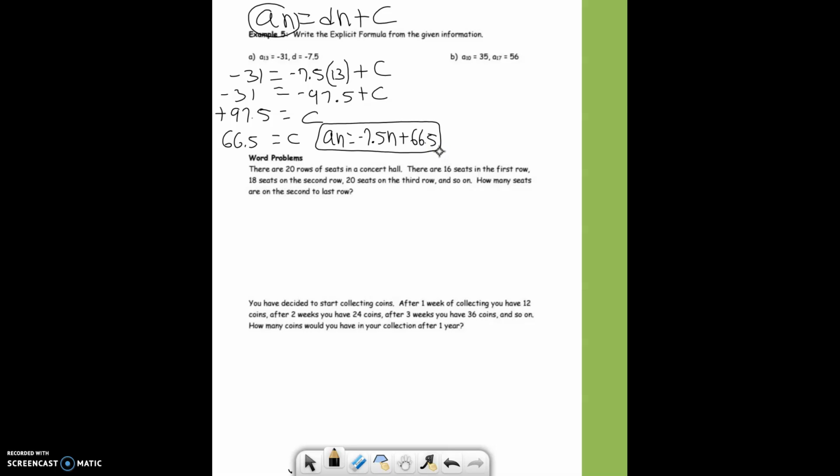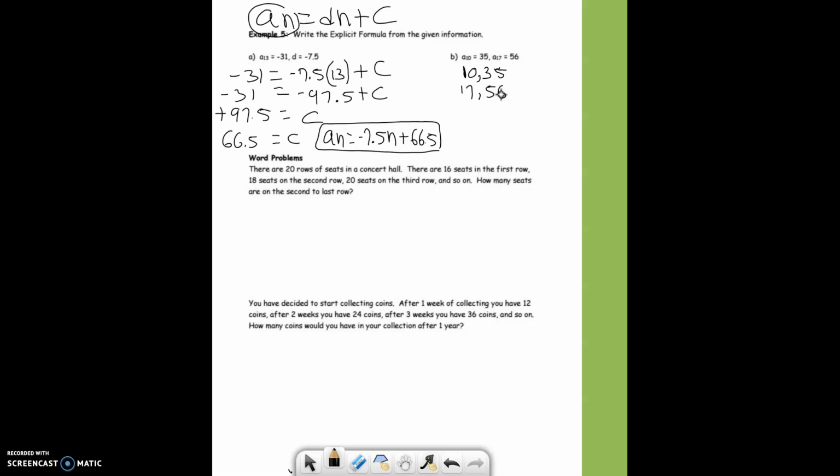Let's take a look at the next one. The next one's a little different. I want you to think of this kind of as let's use the slope formula for the difference. So if you have 10 as kind of my input or my x value, 35 is my y value, and then I have 17 and 56.